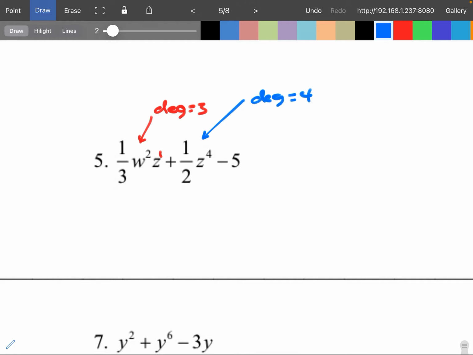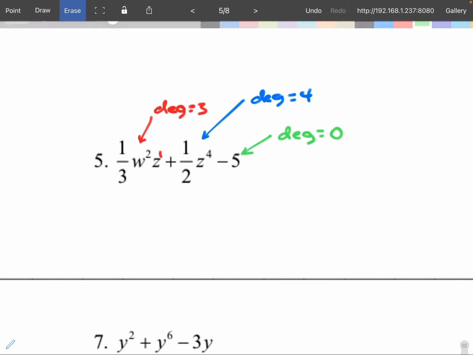Yep, good. That's degree 4. And then this last term, that's just a constant term, right? That's just a number. What degree is that again, when there's no variable? Yeah, it's 0. So when it's a constant with no variable, it's just degree 0.